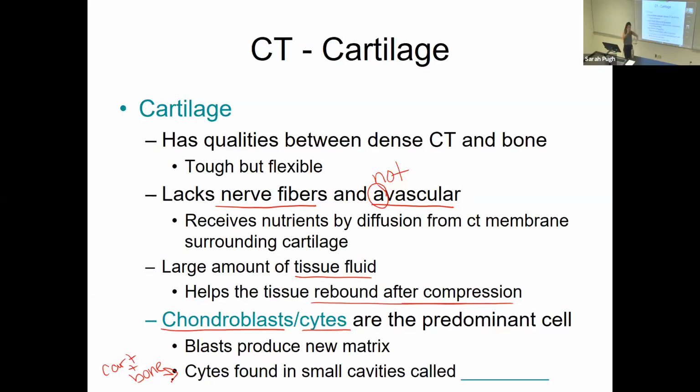And as it makes the cartilage, it kind of puts it all around itself. And then it is stuck in a hole. Kind of like if you mop your floor, sometimes you mop yourself into the corner and you're like, well, crap, now I'm stuck. So chondroblasts can create cartilage all the way around themselves, and then they're stuck in a hole. And that hole is called a lacuna.